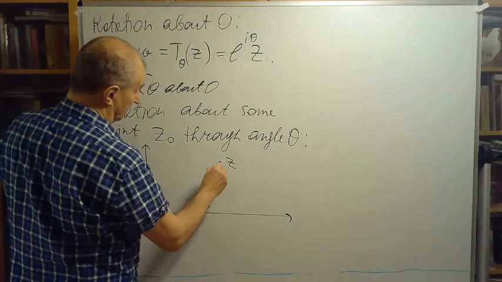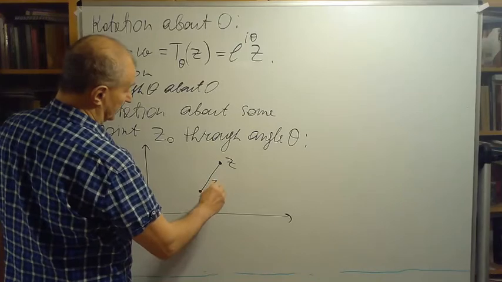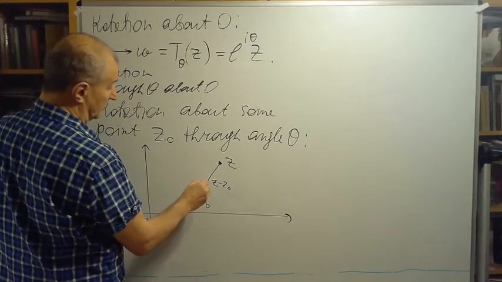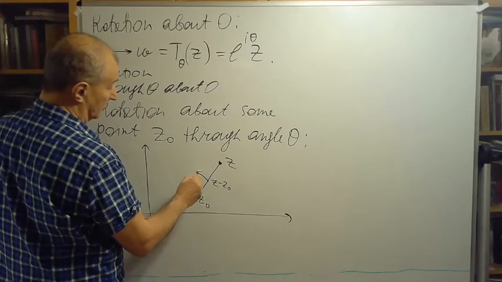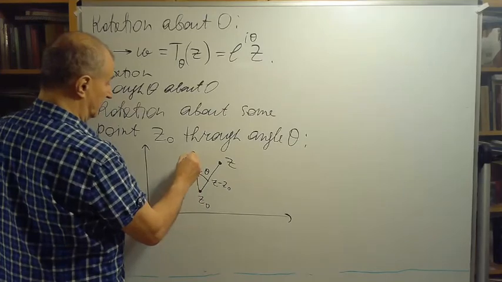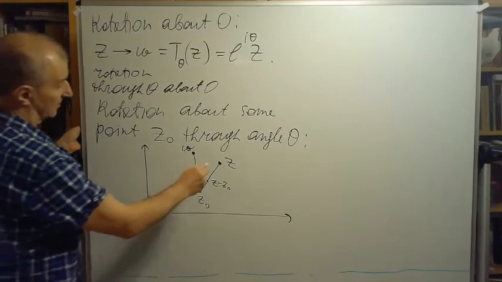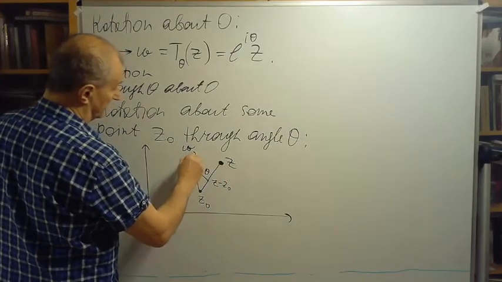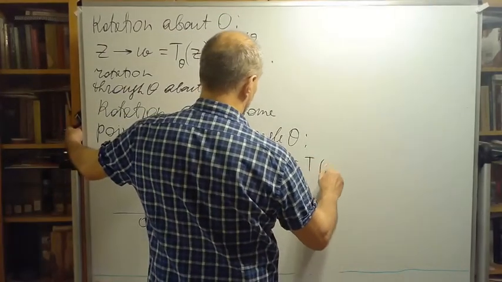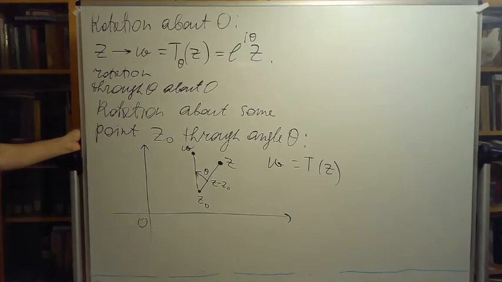So we will say, what is this vector? This vector is z minus z0, right? Z minus z0 must be rotated through angle theta. And as a result, we obtain this image W, right? I will say W is the image of Z. So what can we say about W?